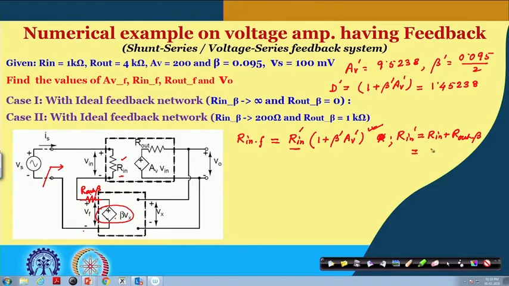We have 1 k here and another 1 k here, so it is basically 2000 ohms, 2 kilo ohm.